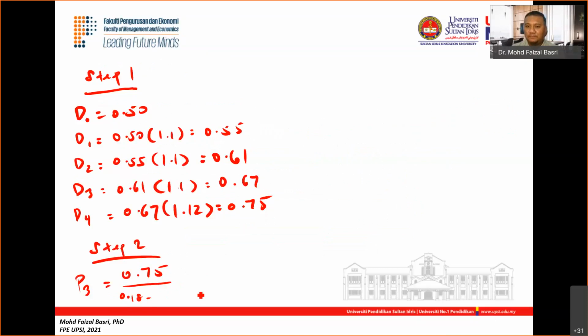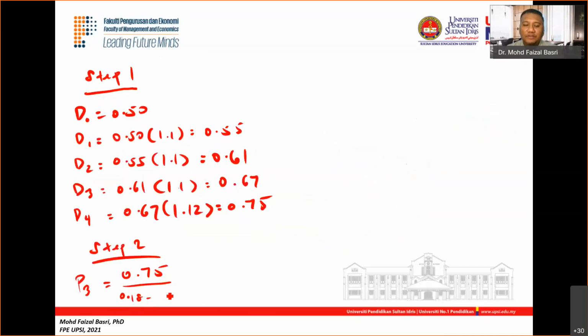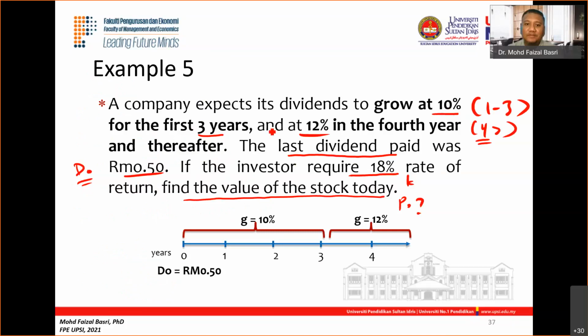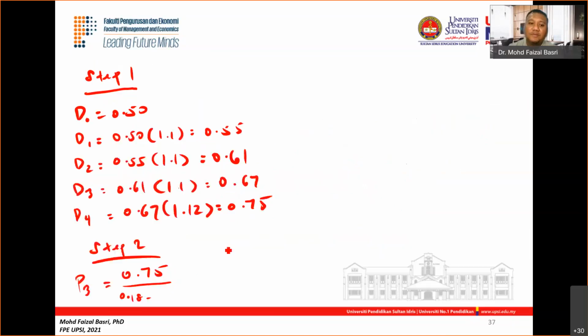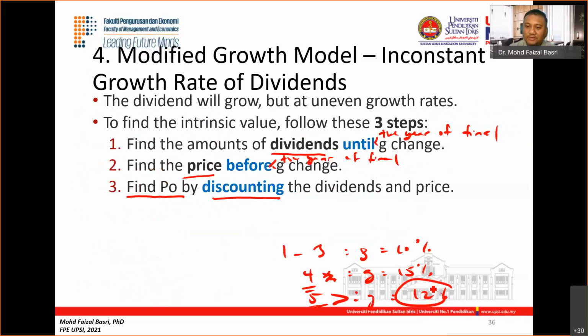So again, since multiple growth rates, we have multiple g's. We have 10 and we have 12. Okay, so which one to use in our formula for step number 2? For step number 2, the g that we're going to use is the last one, the final g. Okay, so since we have two g's, 10 and 12, the last one is 12 kan? So we're going to use 12 kat sini. So kalau macam ni tadi ada daripada 10, 15 and then drop to 12, we're going to use the last one.